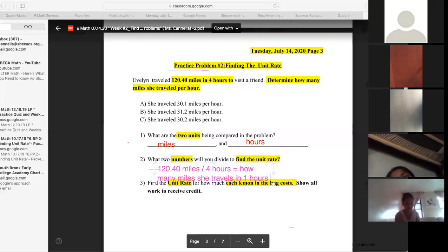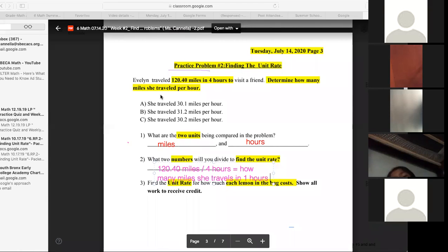Good job. So again, if you have a calculator, you can use a calculator because you have to know this for 7th grade. In 7th grade, instead of saying unit rate, they're going to say constant rate of proportionality. So when you hear that next year or in September, constant rate of proportionality is the same thing as a unit rate. All right, Leilani, now we're going to divide 120.40 divided by 4.